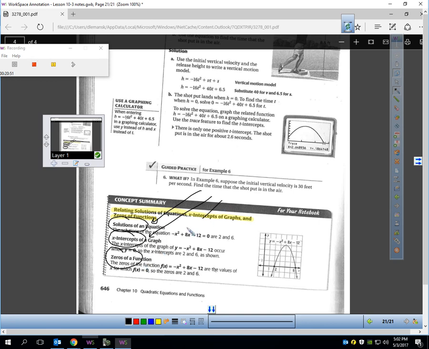If the problem says find the zero of a function, I'm asking you the same thing. This little slide is trying to show you that all of these wordings are asking the same thing. So when you read the directions, you can't look at this as asking 3 different ideas. They're all asking for the same thing, just in different wording. Finding a solution is the same as finding an x-intercept, which is the same as finding a zero of the function.